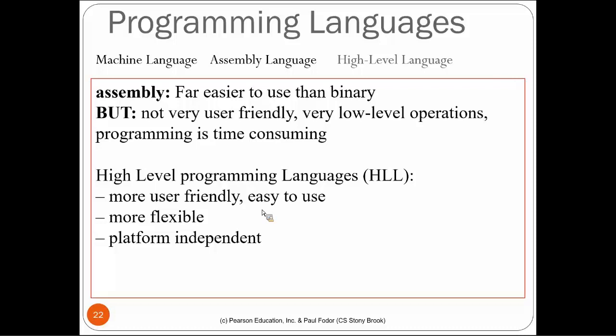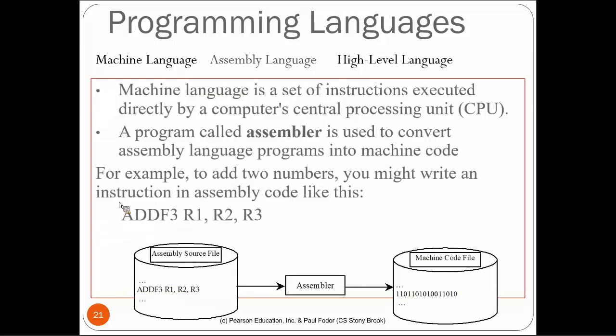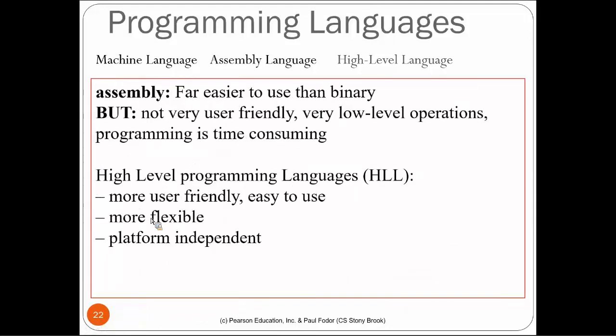Instead of programming with bits, writing sequences of 0s and 1s, we were writing something closer to programming languages, like add, subtract, load, and so on. However, they were not very friendly. Basically, you only had very low-level operations.